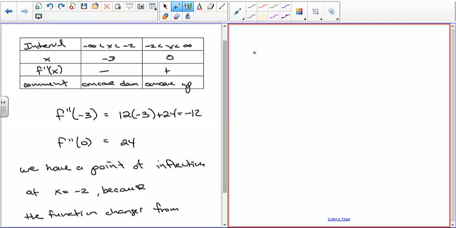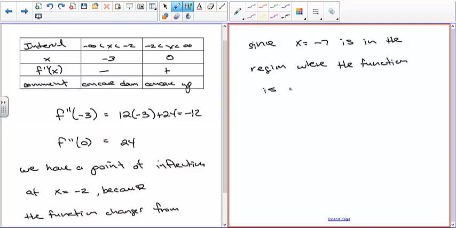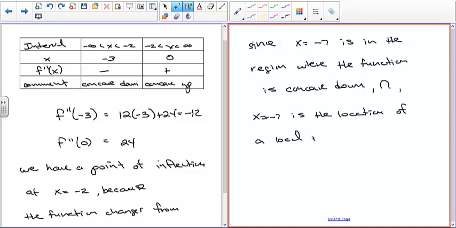So since we already have the intervals, we could say since x equals negative 7 is in the region where the function is concave down, I'll draw a little picture here, concave down, x equals -7 is the location of a local maximum.